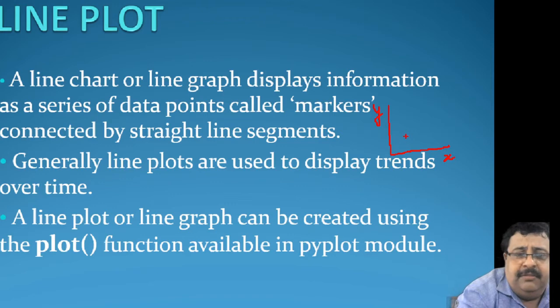When we are drawing any line, we will plot various points, and then we will join these points to make our line. These data points are called markers and they are connected by straight line segments.